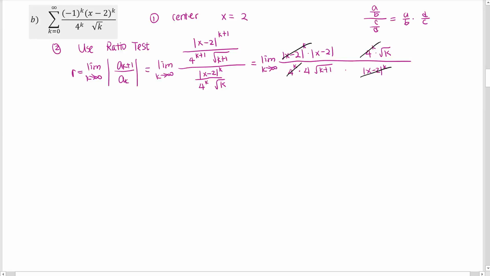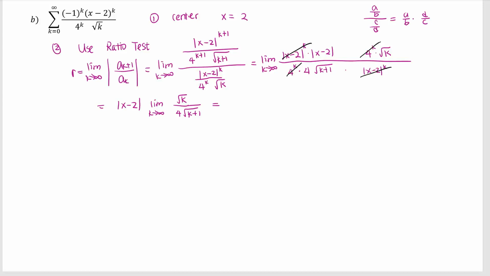Here you can see x minus 2 has no k in it, so it's like a constant. For a constant, we can move it outside of the limit. So x minus 2, and then the limit as k goes to infinity of square root of k over 4 times square root of k plus 1. When k goes to infinity, what's the dominant term of the numerator?